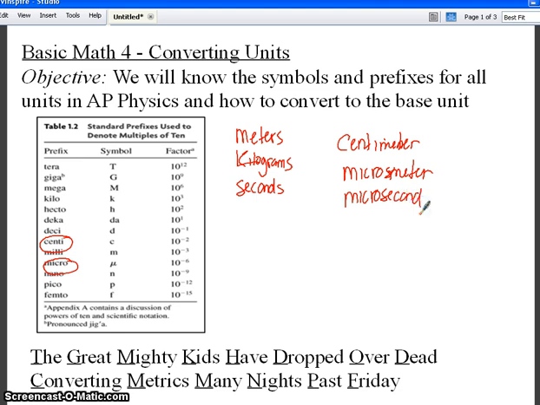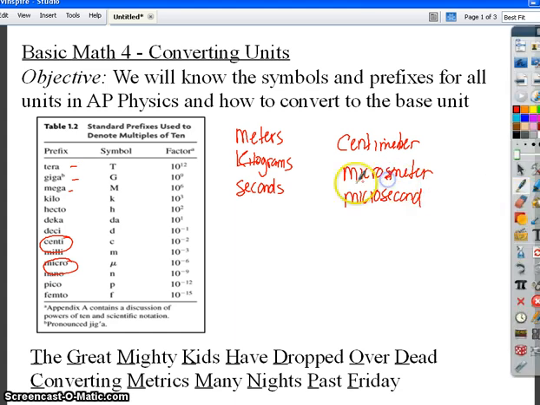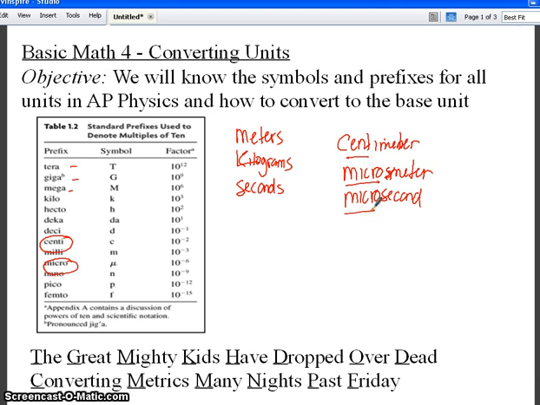Or in more common computer speak, we might have a megabyte or a gigabyte or a terabyte. So these all just represent scale. So these prefixes give us an idea for how much of something there is.